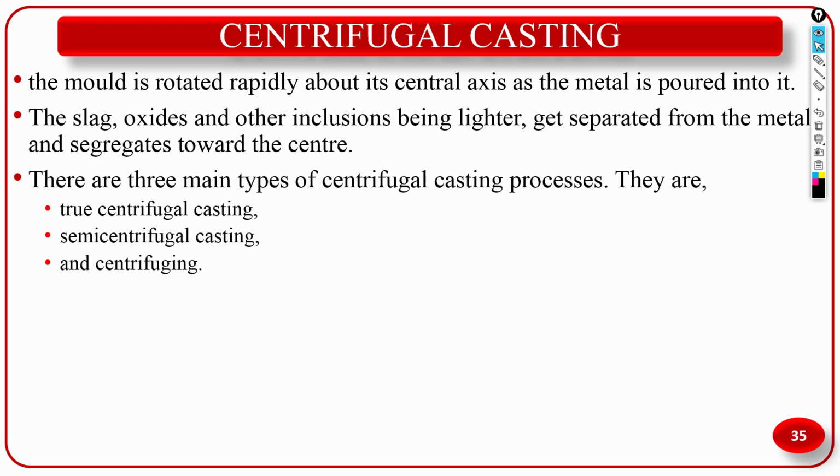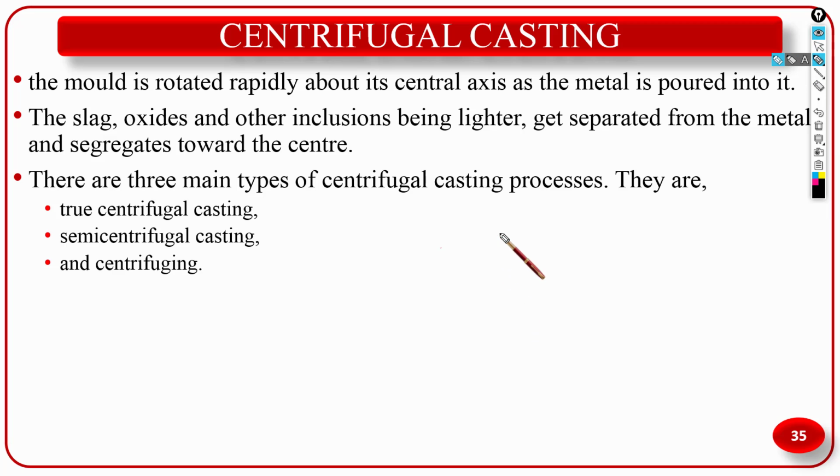Okay, so next. Now we have already covered complete die casting. Now we will enter into centrifugal casting. This is a very important casting. What is done? Metal is rotated rapidly about its central axis. So what happens? The metal will go and stick. So pipes are made with this method.